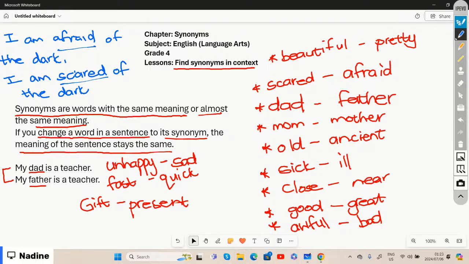It's where we are finding synonyms in context. If you change a word within a sentence, for example afraid or scared, and you still use the same sentence, then the meaning of that sentence still stays the same. Because remember, synonyms are words with the same meaning, or almost the same meaning, right?